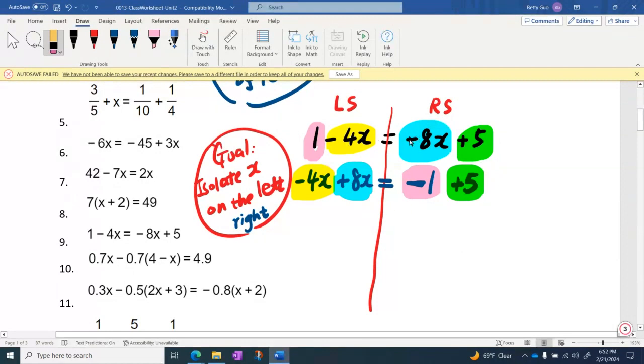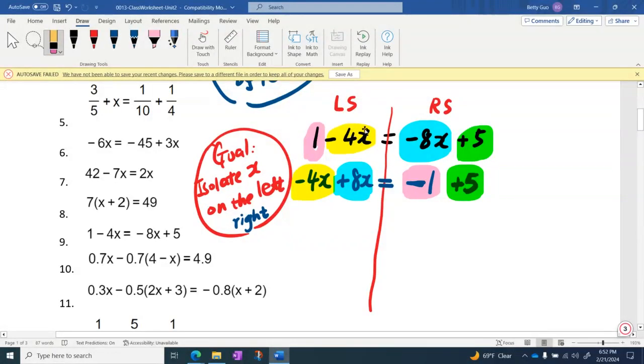The yellow and the blue are like terms. Both of them are variable terms. Pink and green are like terms. They are both constant terms. So we want to collect like terms. We want the two variable terms on the left side and the 2 constant terms on the right side.